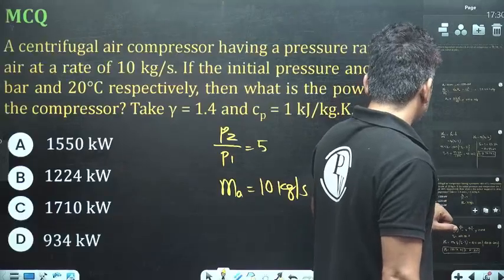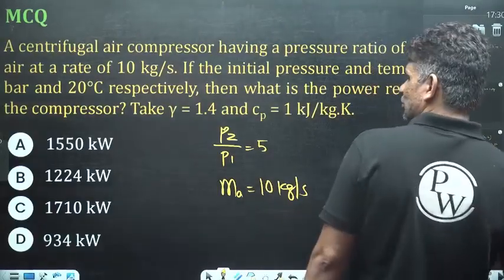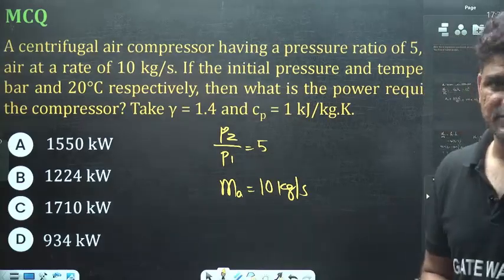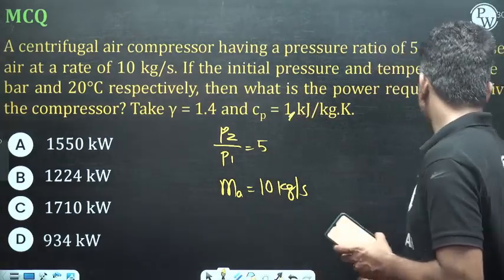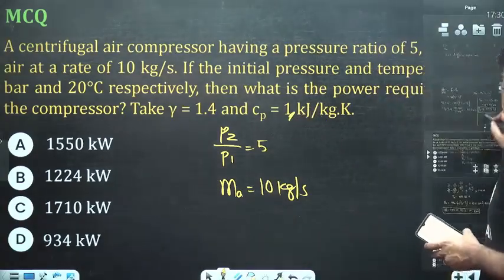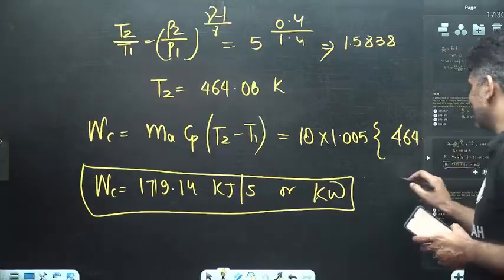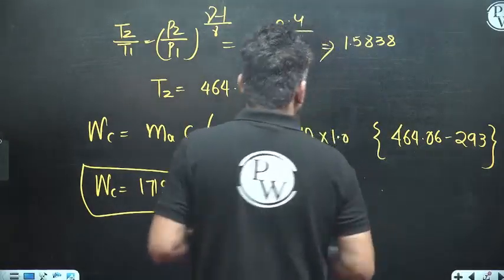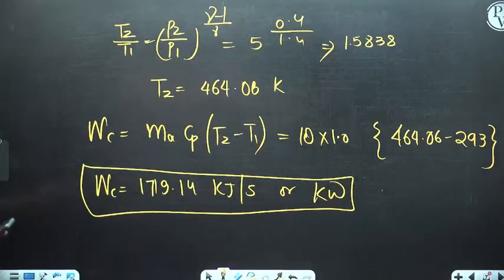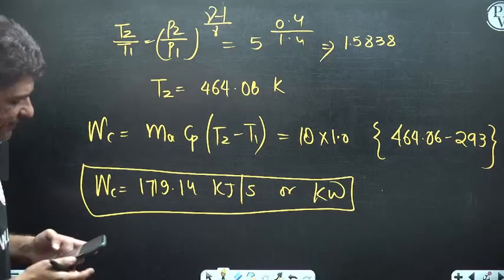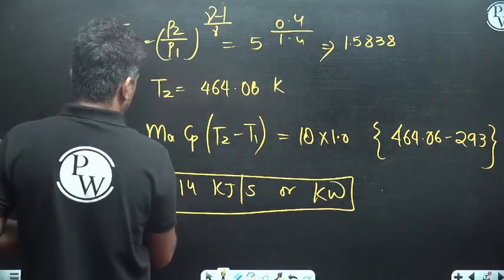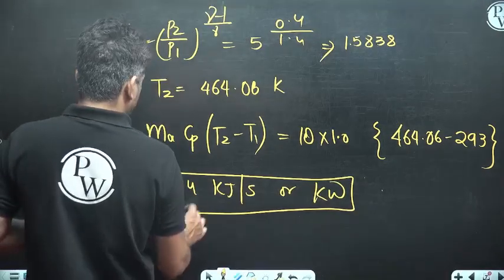So the power required is 1719. Oh my God, I have made a small mistake. Cp is 1.0, not 1.005. If it is 1.0 over here, then it will come out to be 1710.59.